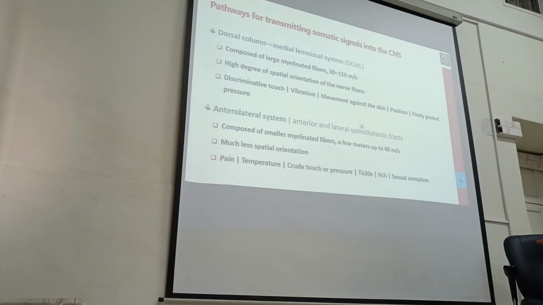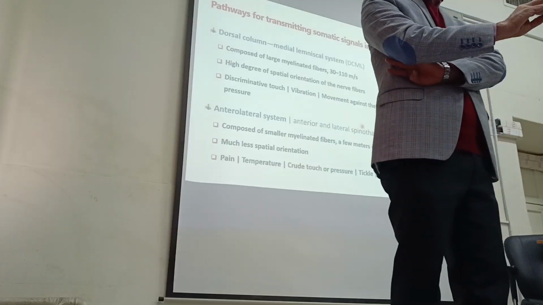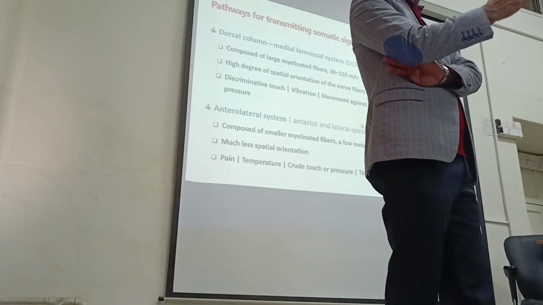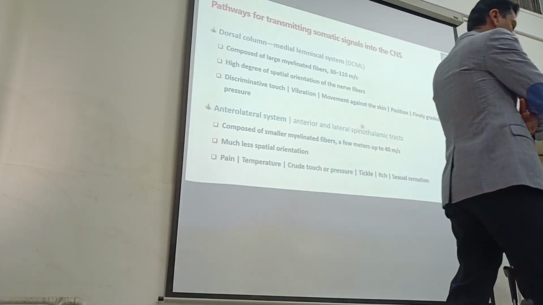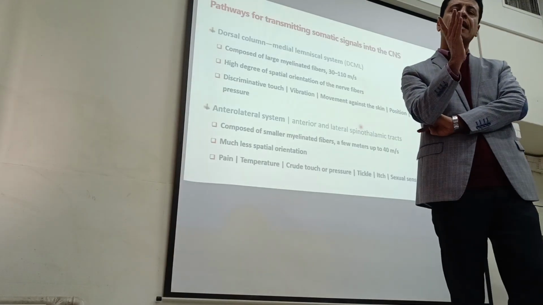The second type of classification is exteroceptive, proprioceptive, interoceptive or visceroceptive, and deep sensations. And you remember that we had 6 receptors in the skin responsible for touch, pressure, vibration, right?